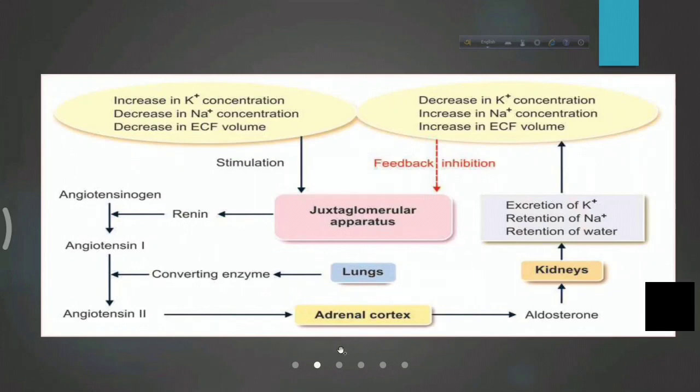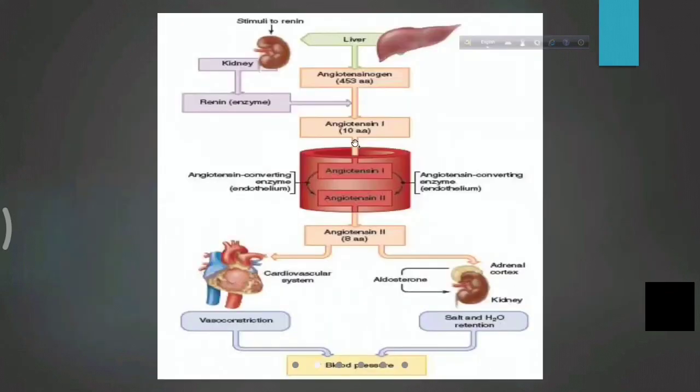Angiotensin 2 activates the adrenal cortex and increases aldosterone secretion, which in turn activates the kidney tubular cells, principal cells of the renal tubules, increasing sodium retention, water retention, excretion of potassium, excretion of hydrogen ion, ultimately resulting in rectification of these conditions. So this is a negative feedback loop. So this is all about mineralocorticoid activity.